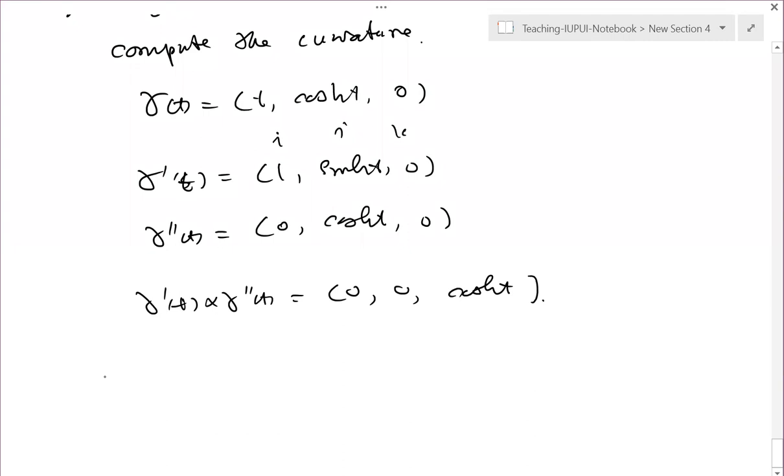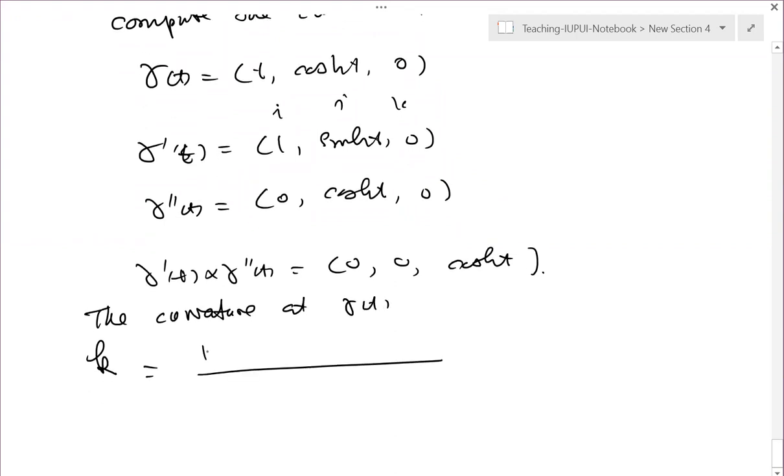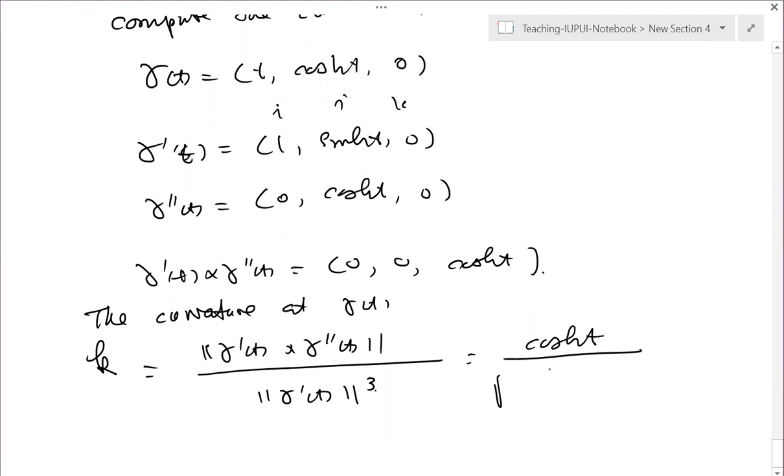So the curvature at gamma t is going to be this. Let's compute it. The one on the top is just hyperbolic cosine t. The one on the bottom: gamma prime t is (1, hyperbolic sine t), so 1 plus hyperbolic sine squared t, to the power of three halves.